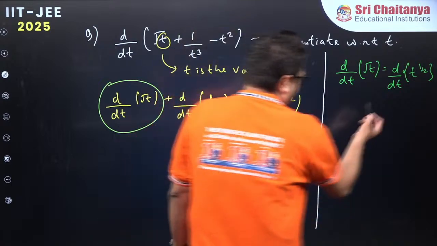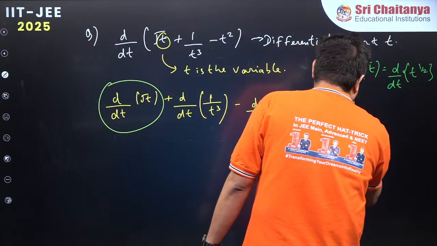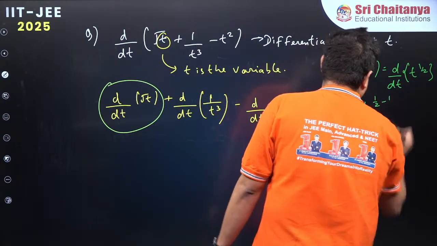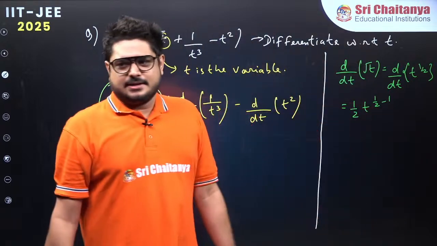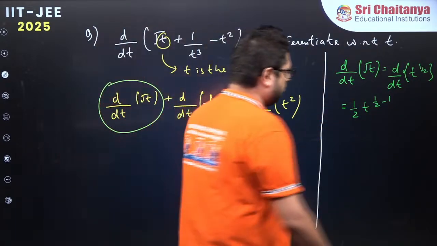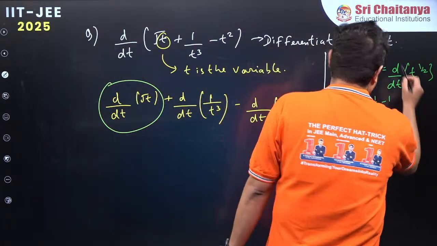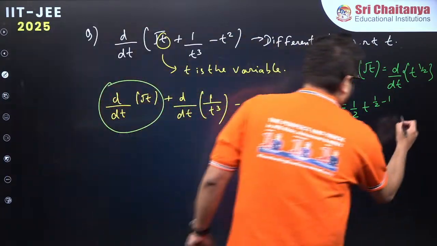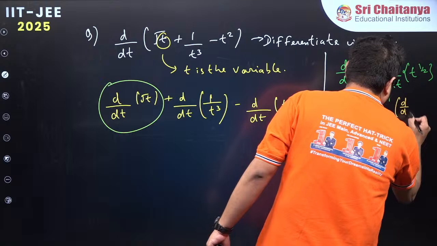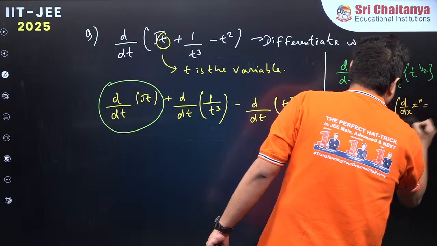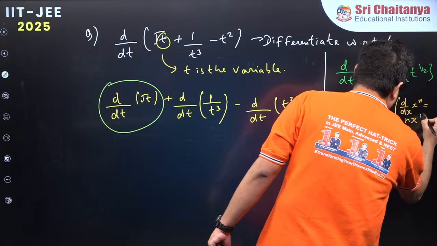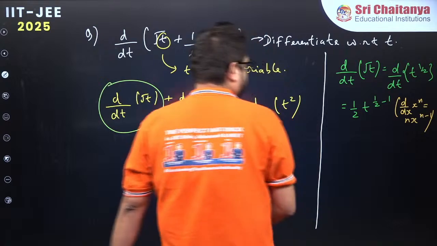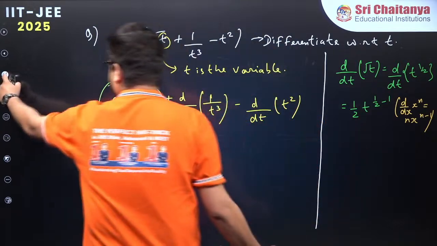So now, over here it can be written as half t to the power of half minus 1. Once again, we are just trying to perform an analogy with the equation d by dx of x to the power n is equal to n into x to the power of n minus 1, isn't it?